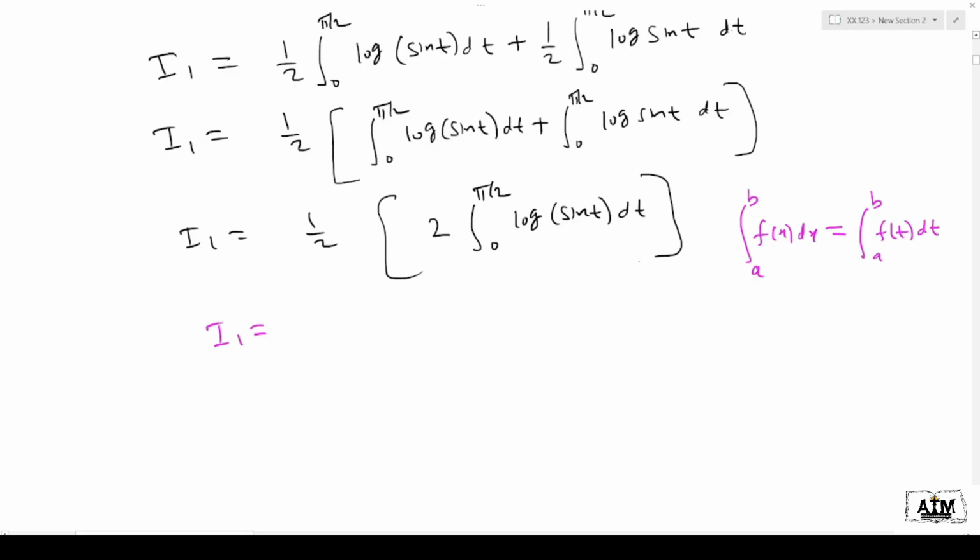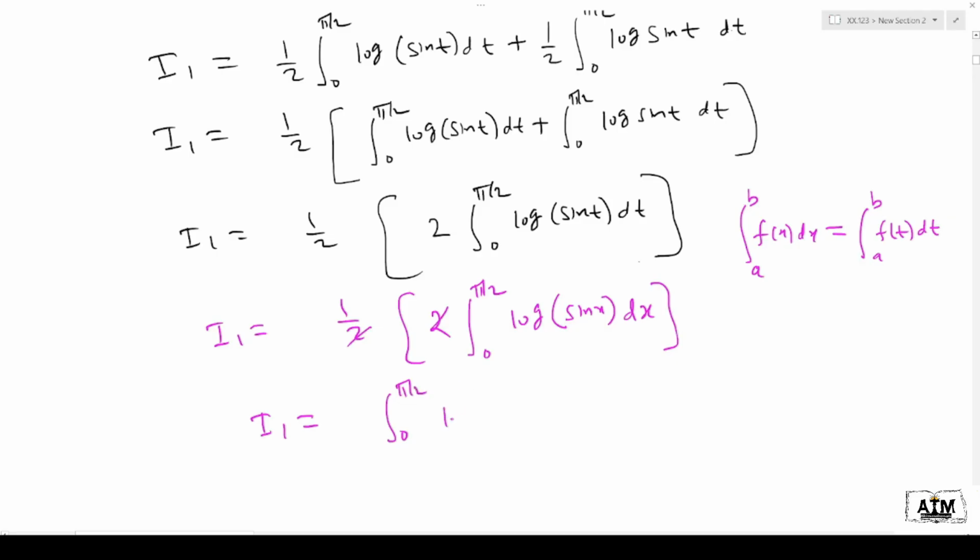Therefore I1 equals half, here is a 2, and it becomes integral 0 to pi by 2 log, in place of t I can now write x by using this property. This 2 and 2 get cancelled, therefore I1 equals integral 0 to pi by 2 log of sin x with respect to x, which implies I1 equals I.